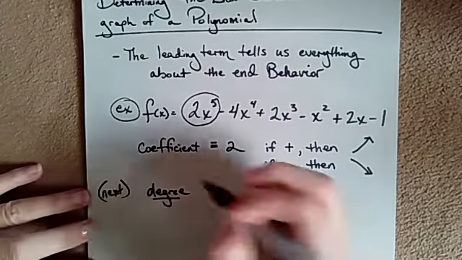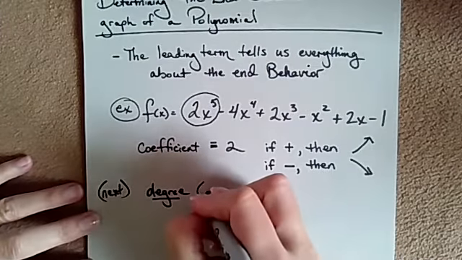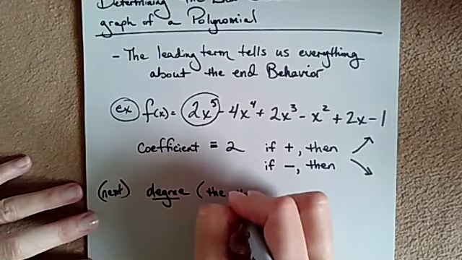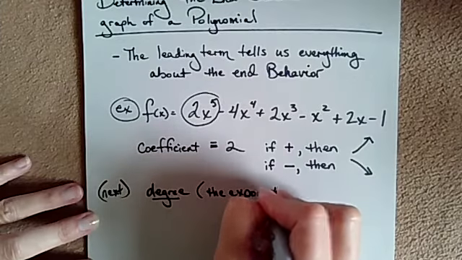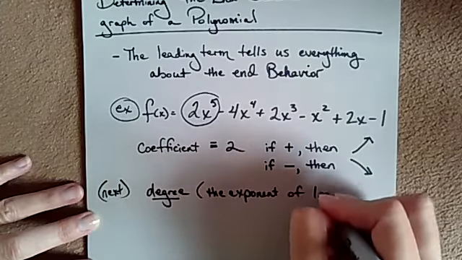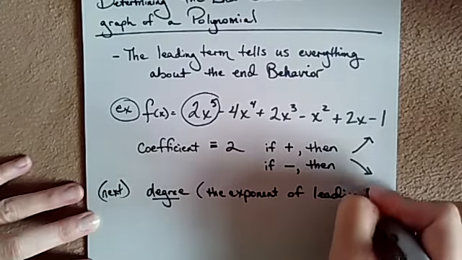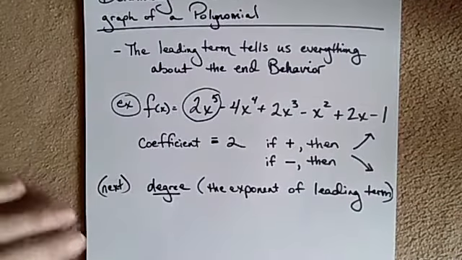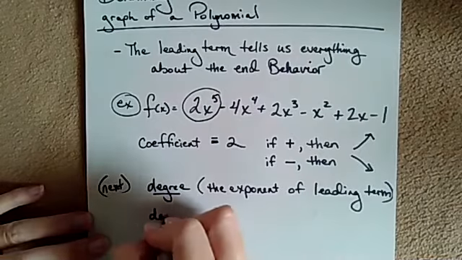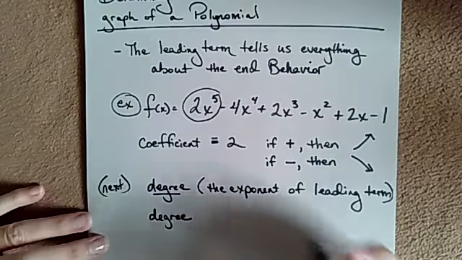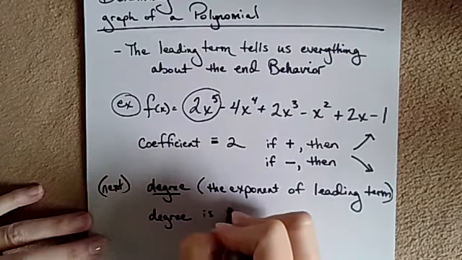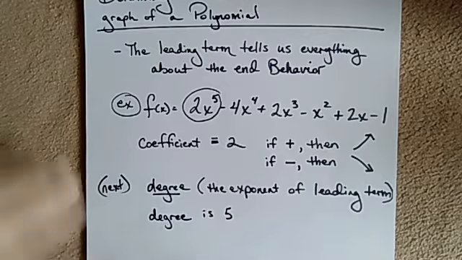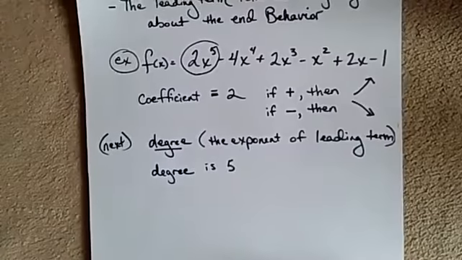And remember, the degree is just the exponent of the leading term. The largest exponent, okay? So in this case, the degree is 5.